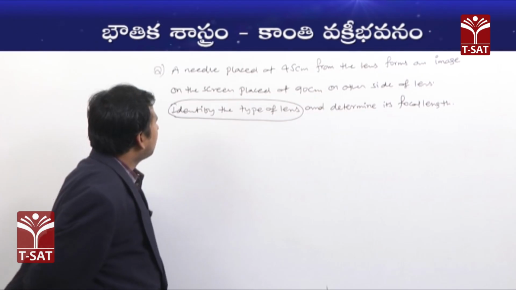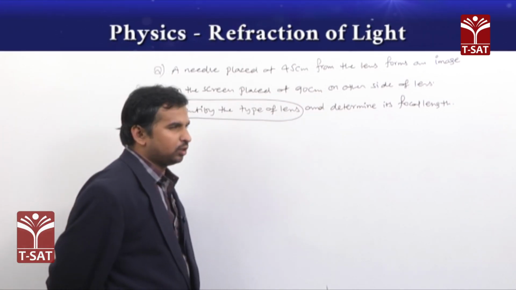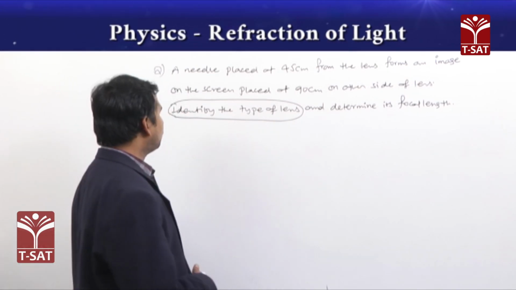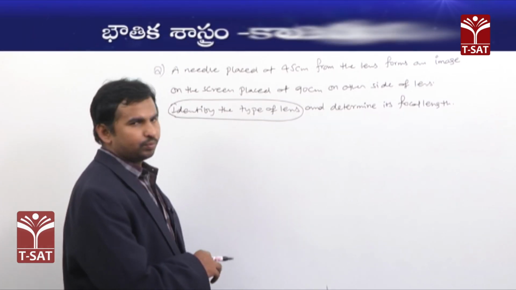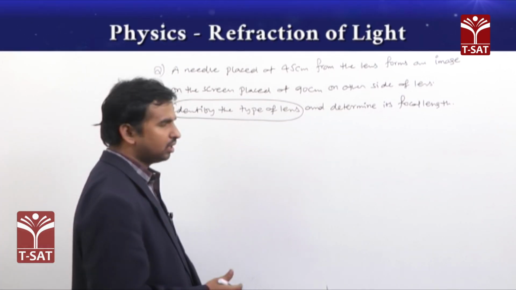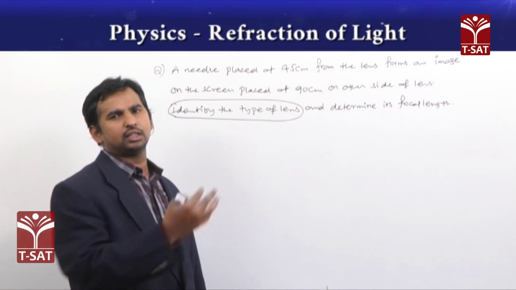For that we have a clue: the needle is placed at 45 centimeters from the lens, which means the object is placed before the lens, and it forms an image on the screen placed at 90 centimeters on the other side of the lens. That means the object is on one side of the lens and the image is forming on the other side.